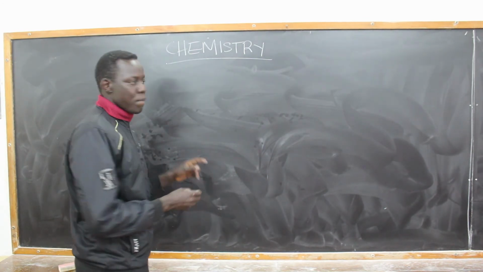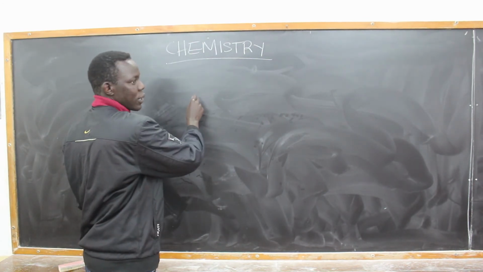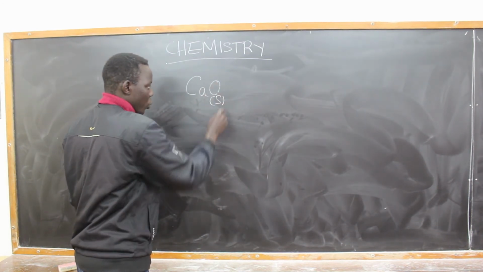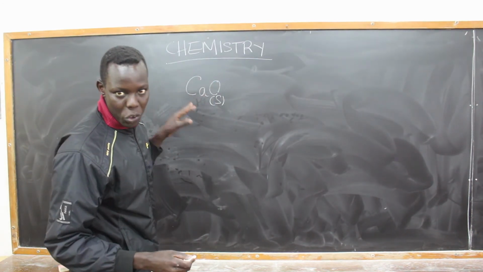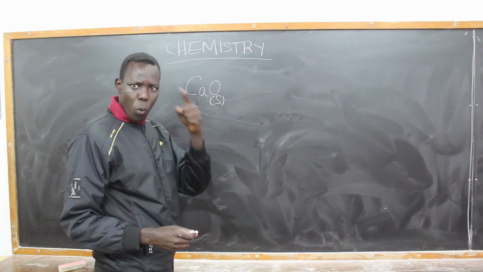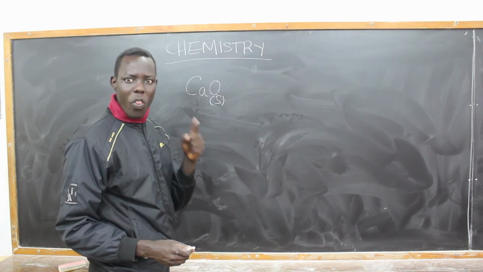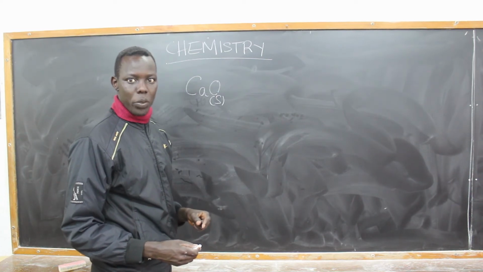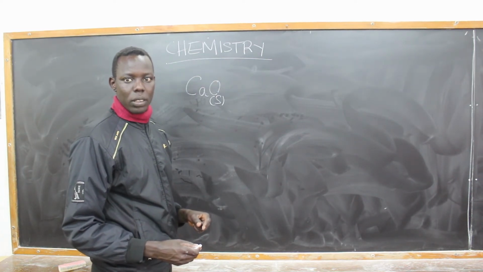So, let me use calcium oxide as solid. Now I want to challenge you. Can you go and research all the colors of metal oxides? You can't be doing that research. Who has scored many goals this season?